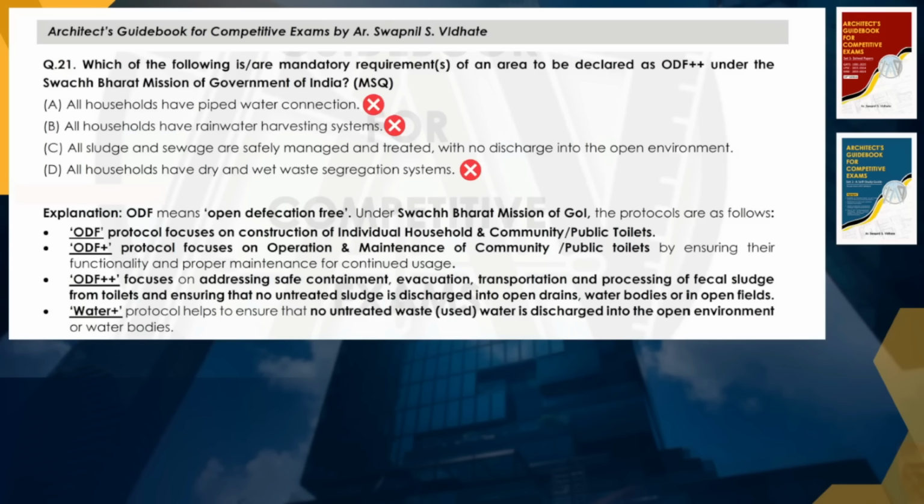Option B, all households have rainwater harvesting system, is totally irrelevant. There is no relation between rainwater harvesting and an open defecation free environment. And option D, all households have dry and wet waste segregation system, of course, is also not related with the open defecation free mission under the Swachh Bharat Mission. So option C was the only correct option here. So C was the correct one.